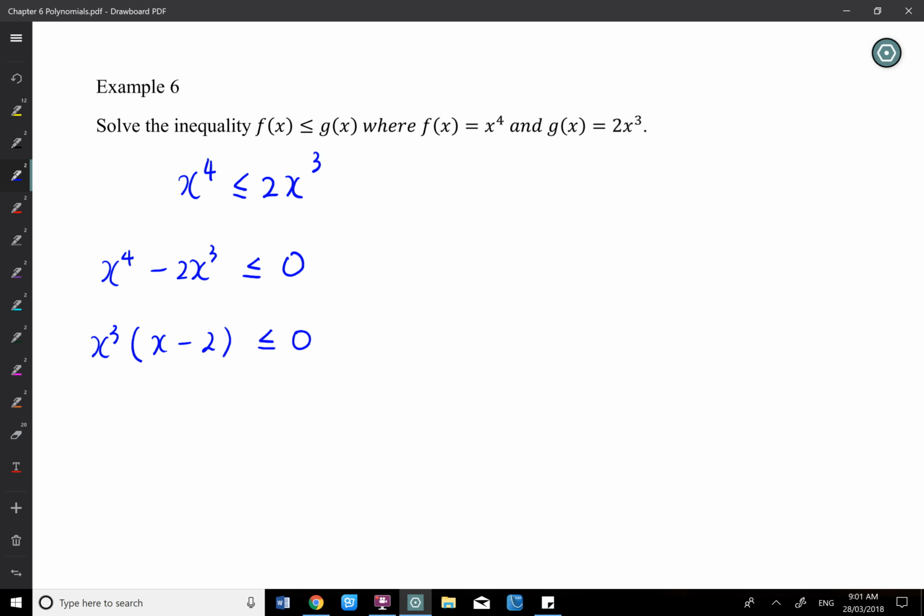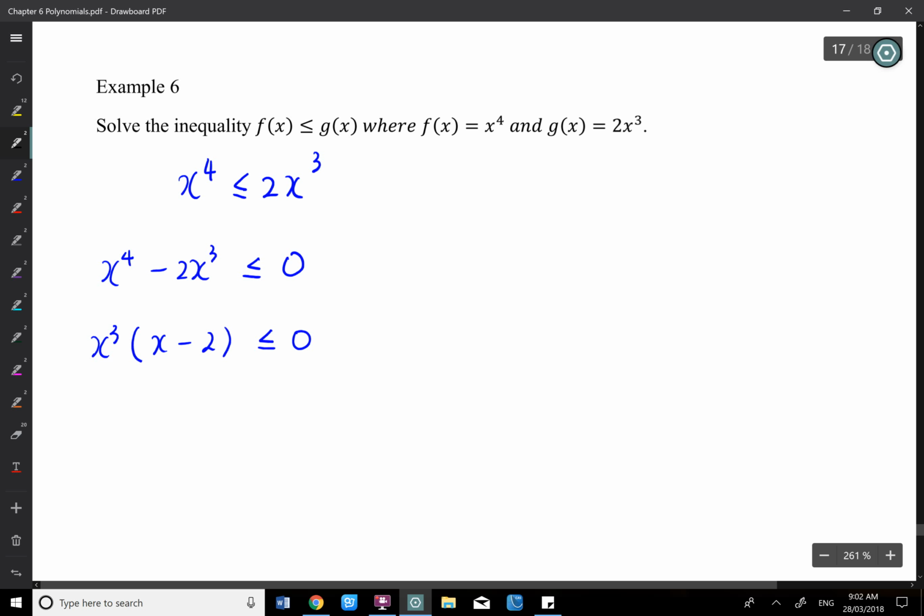Oh, no x squared, it's only x minus 2, I think. It's already linear, so we stop when we get linear. What's the next step? Sketch the graph. To solve an inequality, you must sketch the graph. You need to see the graph.